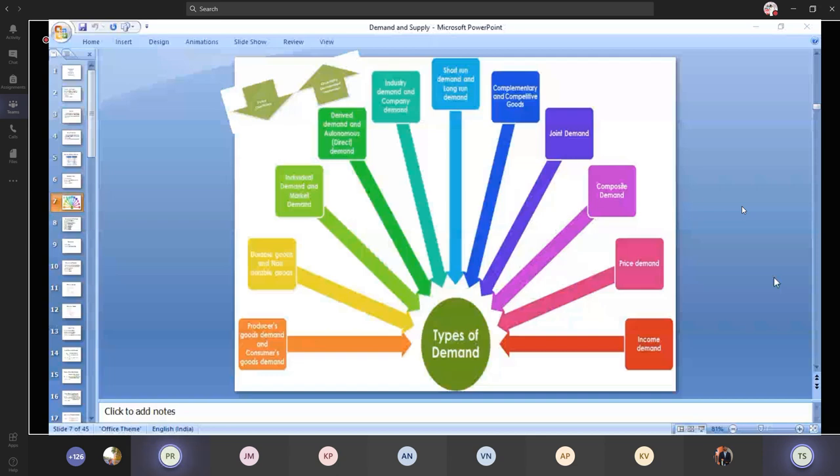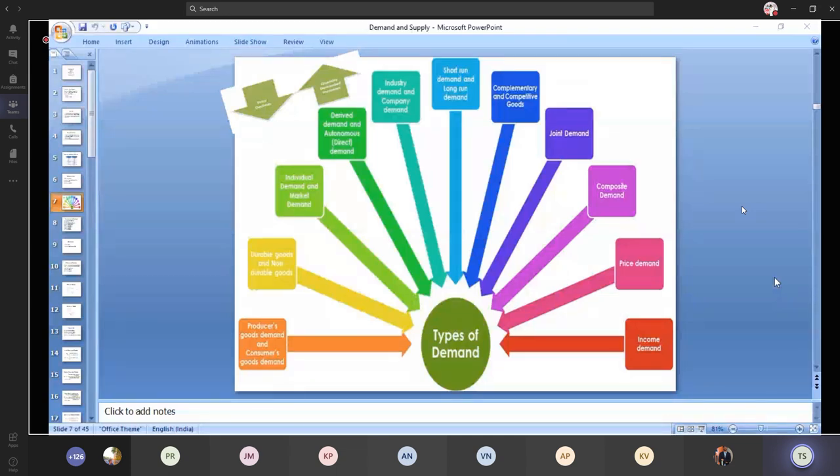Okay, ma'am. A single product satisfies more than one purpose. Then how does it differ from joint demand? Jointly demanded means, for example, a car and fuel: the car can be used to travel from one place to another, and fuel is used in the car. Those kinds of products are called jointly demanded products.